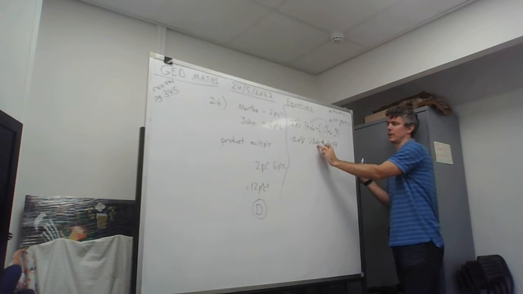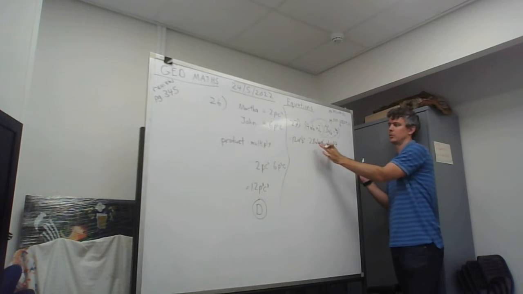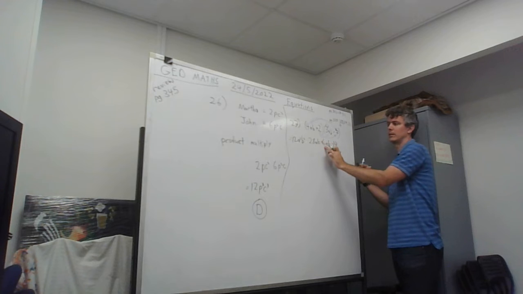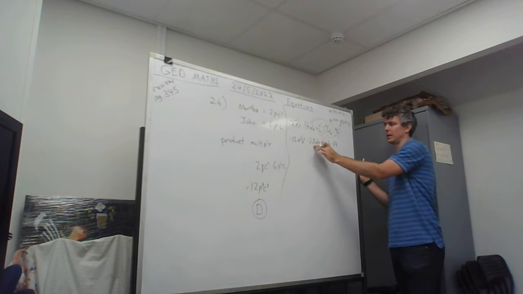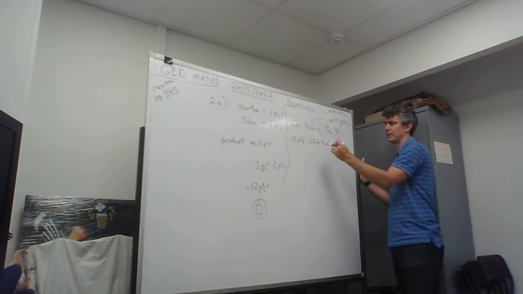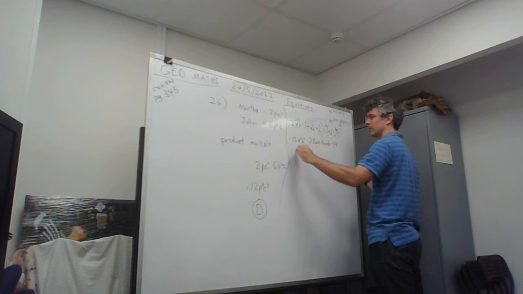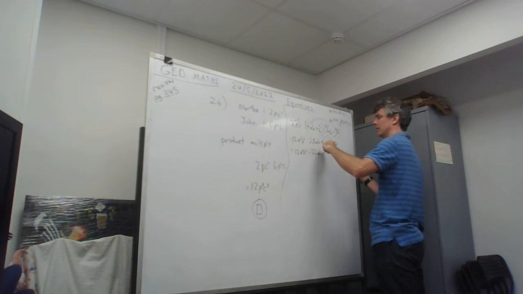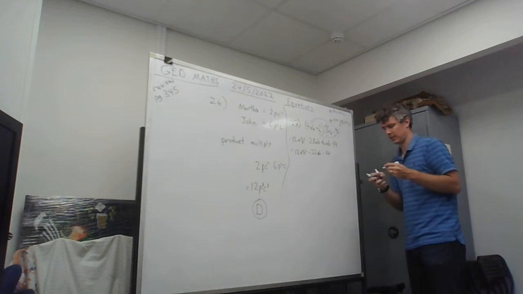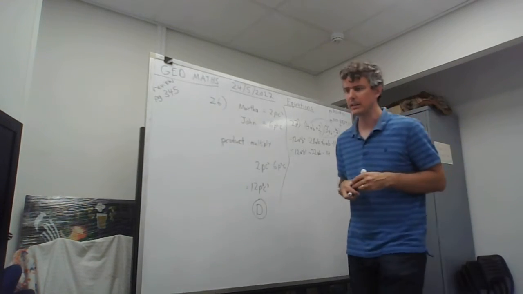Okay, and we have these two like terms, so we need to add them. Minus 28 plus 6 is minus 22. So we have 12a squared b squared minus 22ab minus 14.